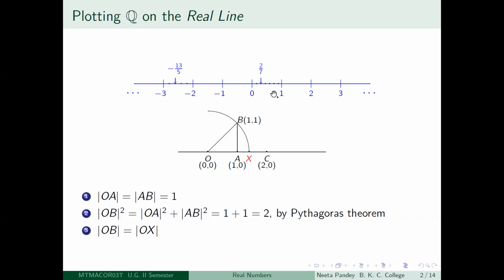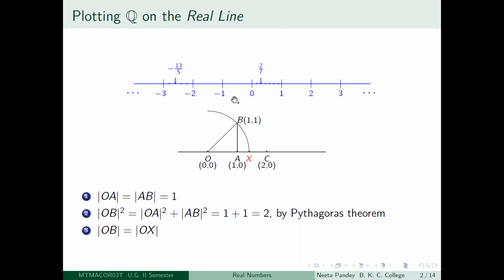And then what you do is, if you take double the unit of this distance and plot the point, call that the number 2. And take triple of this unit distance and plot the point, call it the number 3, and so on, so that you will get all the positive integers plotted on the line along with 0. Now, using this unit distance, you can also plot the negative numbers.